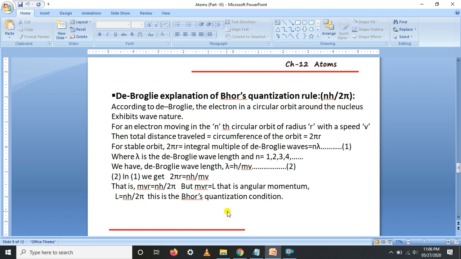For an electron moving in the nth circular orbit of radius r with speed v, the distance traveled is equal to the circumference of the orbit.